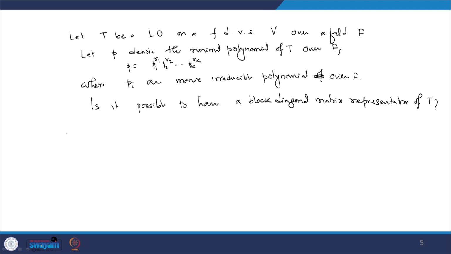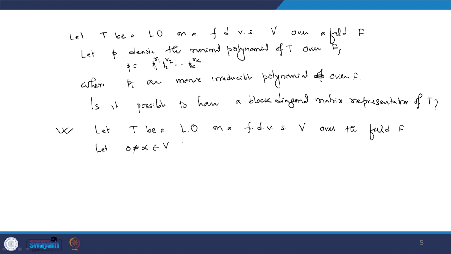So, for this, let me introduce the concept of cyclic subspaces. Let T be a linear operator on a finite dimensional vector space V over the field F. Let 0 not equal to alpha belong to V be any element.